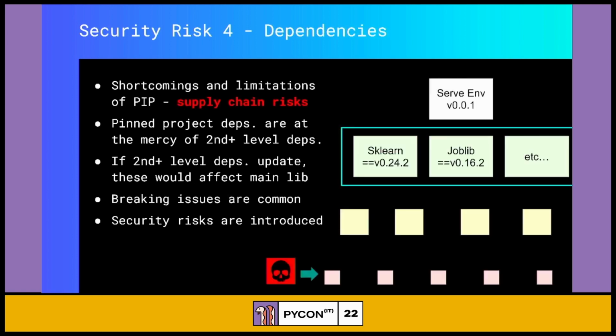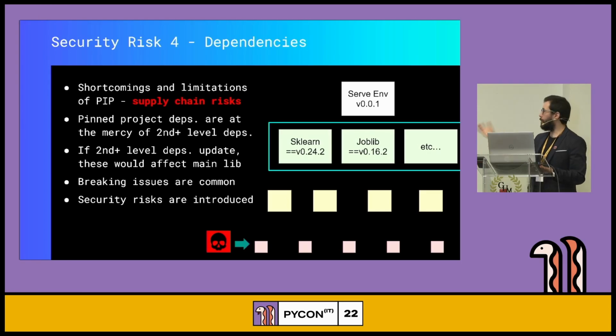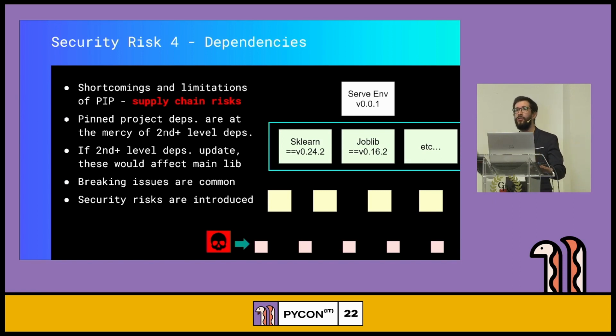Now, the next point is on dependencies, right? Anyone that has maintained a library for more than perhaps a couple of months has had a situation where it all works on Friday, you come back on Monday, and stuff is broken, unit tests are broken, and you see why: it's because a 7th level dependency that was unpinned got updated and broke everything upstream, right? And there are challenges that not just involve potential code breakages, but vulnerable or malicious code being introduced downstream.